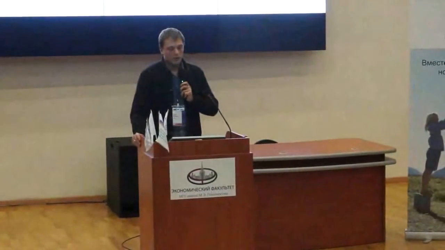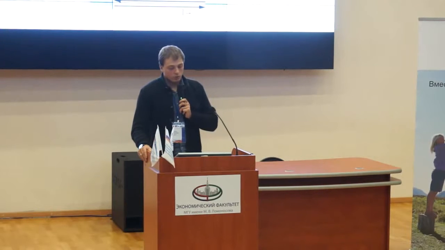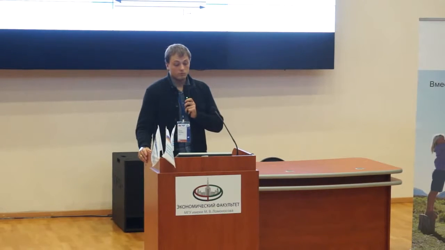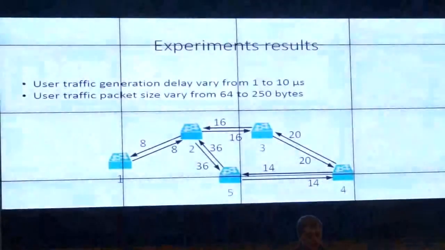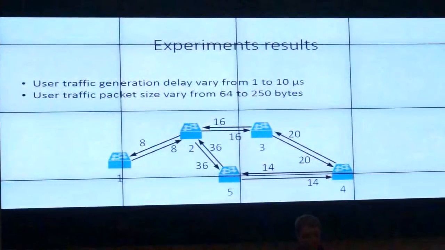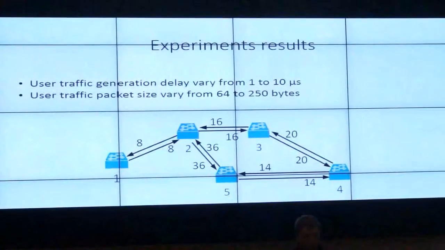The traffic generation delay varied from 0 to 10 microseconds, and the traffic packet size varied from 64 to 1,500 bytes. For the low-load generation route, the delay varied from 1 to 10 microseconds, and for little packets from 64 to 250 bytes.